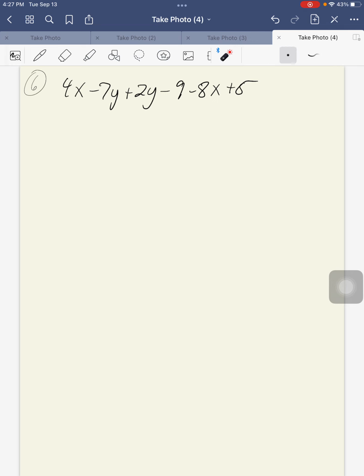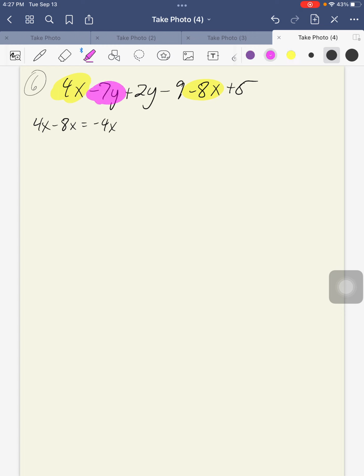Having some technical difficulties. Number 6, we have 4x minus 7y plus 2y minus 9 minus 8x plus 5. So we have like terms. We have 4x minus 8x, which is negative 4x.